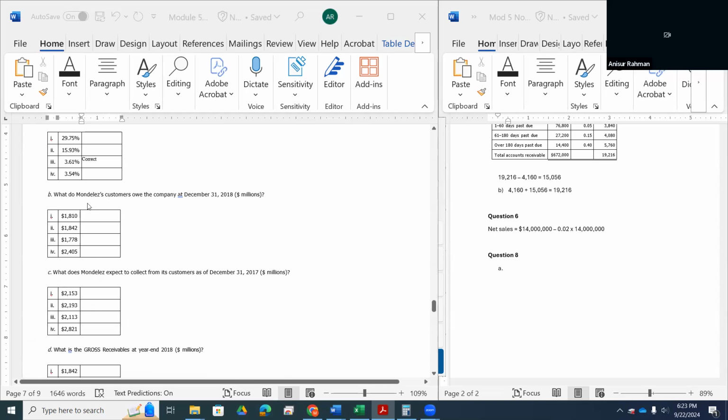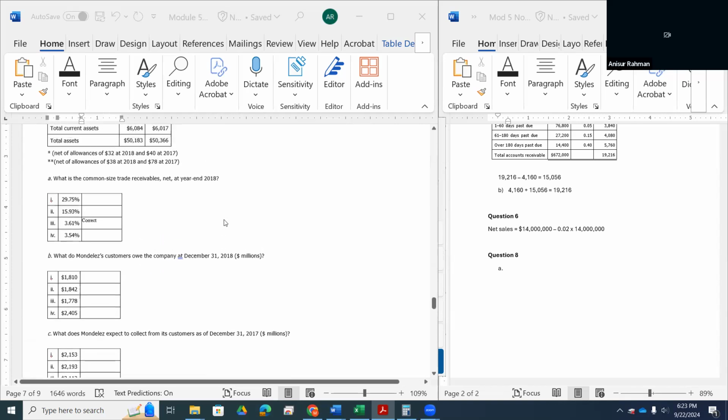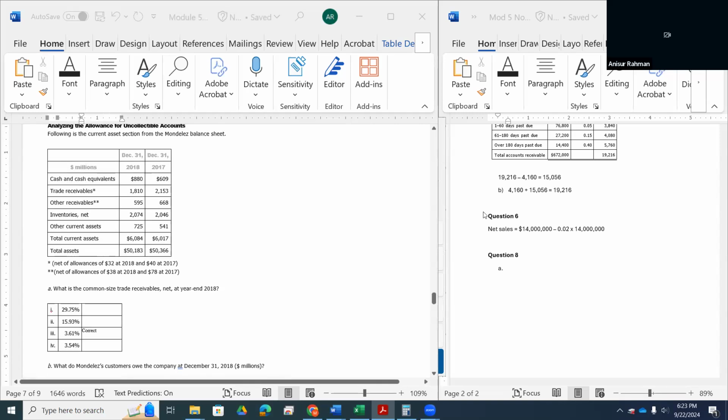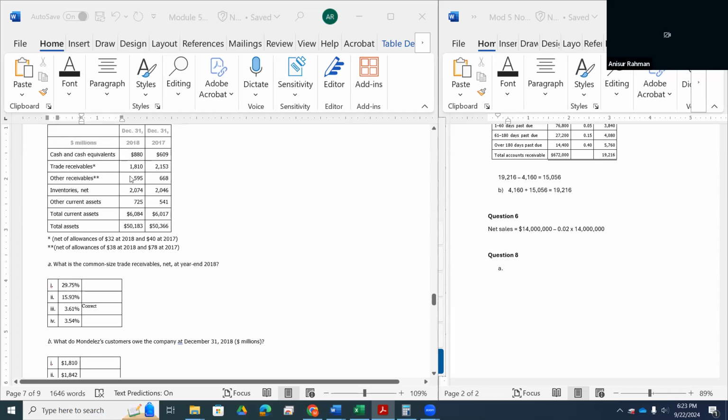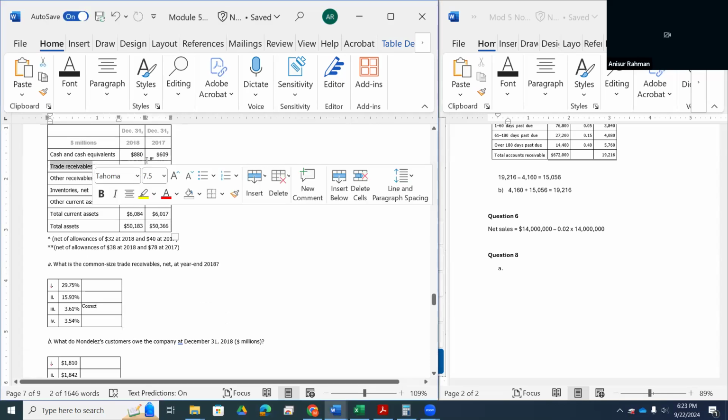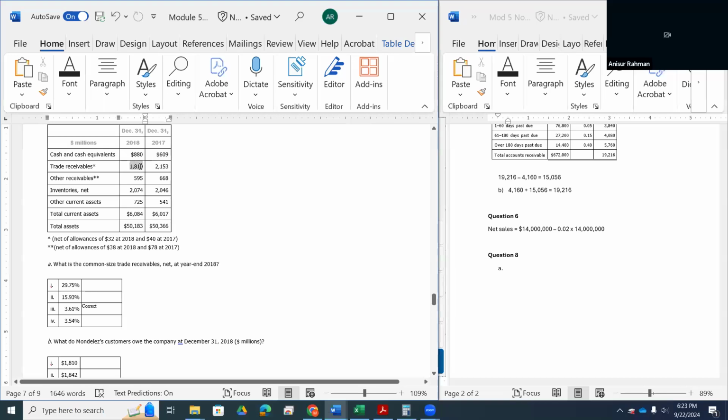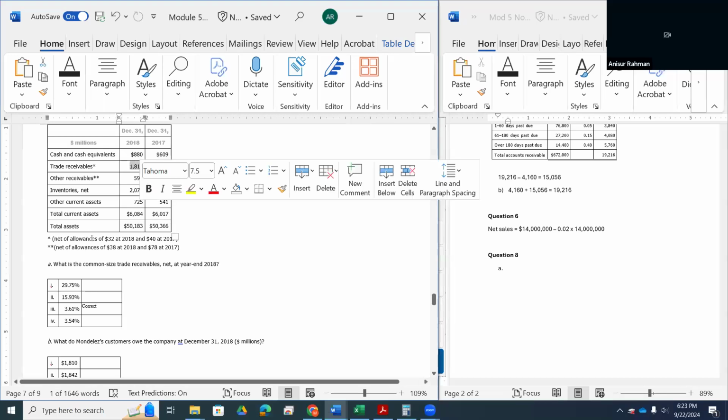What do Mondelez's customers owe the company at December 31st, 2018? Customers owe. Okay. So for 2018, when we are talking about customers, it is the trade receivables. And remember, this is the amount that is net of allowance. And what is an allowance?